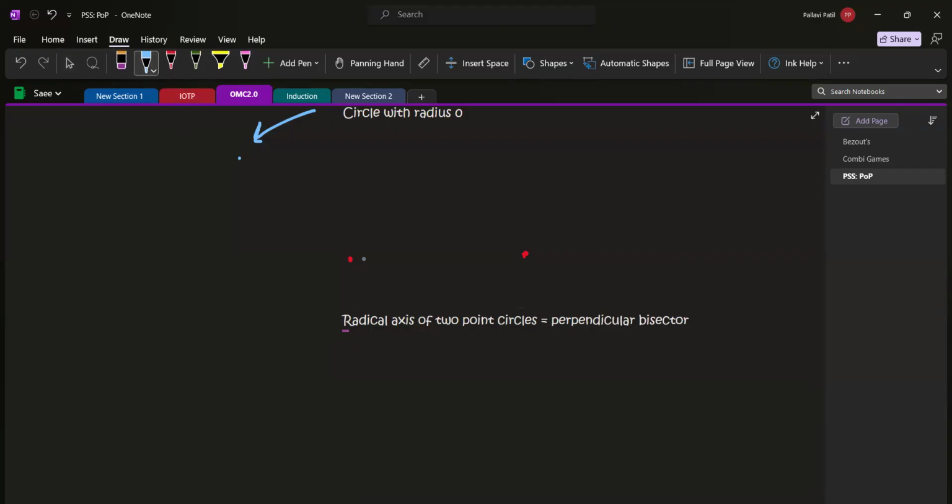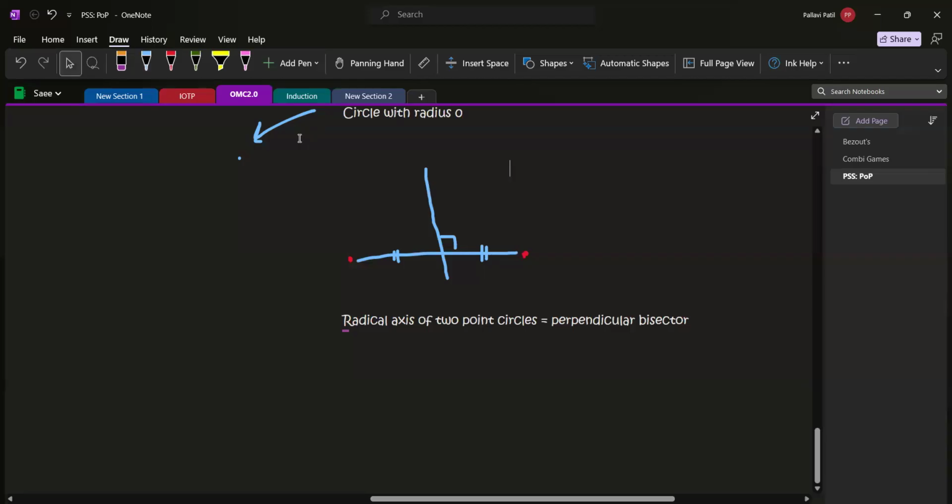Since the radius is 0, if you recall the formula for the power of a point with respect to a circle, if the point is P, then it's just PO squared minus the radius squared. But here the radius is 0, so the power of a point with respect to a point circle is just the distance from the point to the center of this point circle, squared.